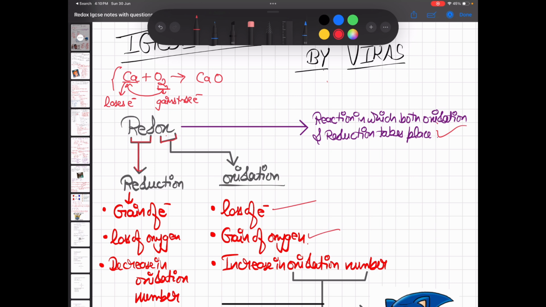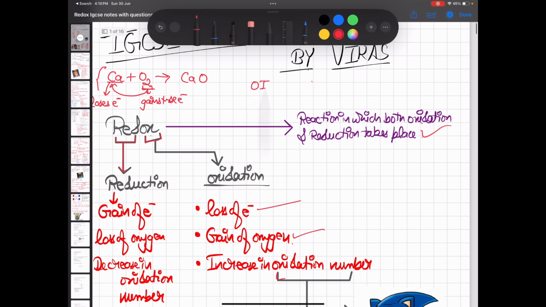So oxidation, we have discussed these 2 points. Oxidation number, what is oxidation number? This we'll be discussing a bit later. Now, reduction is the opposite of oxidation. This is what all of you can remember. So if loss of electrons is oxidation, then gain of electrons is reduction. Now, all of you can also remember this mnemonic, OIL RIG.